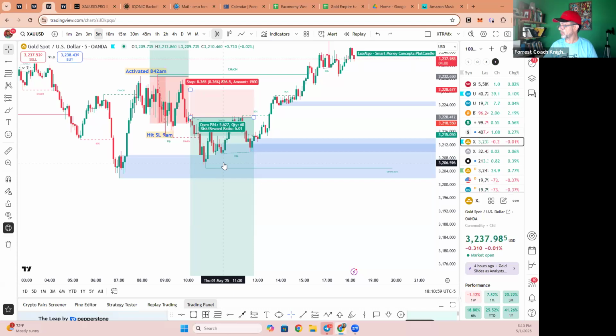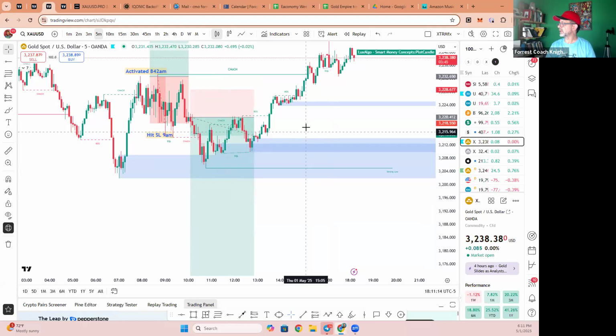Give me a second. Let me scroll over to him. Scroll over. Click on Idris. And let's see, his entry was 32.20. His TP1 was 32.18. Oh yeah, I went way past TP1. 32.15. 32.10 was TP3.